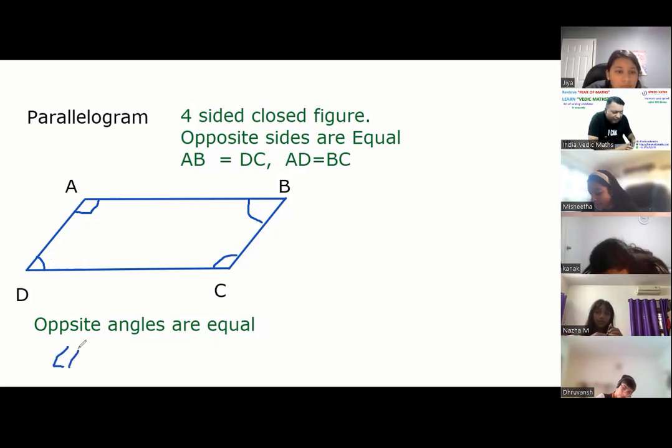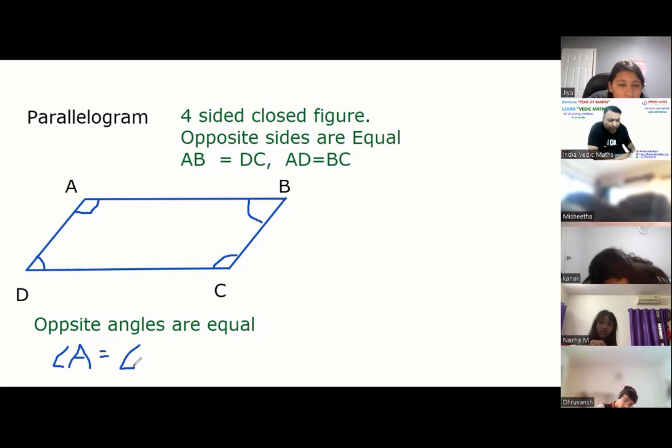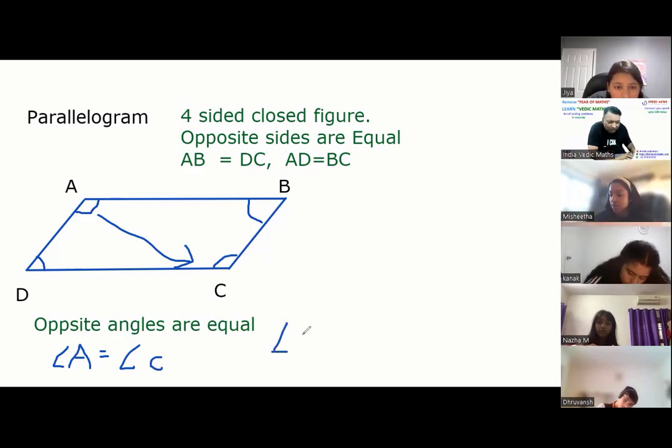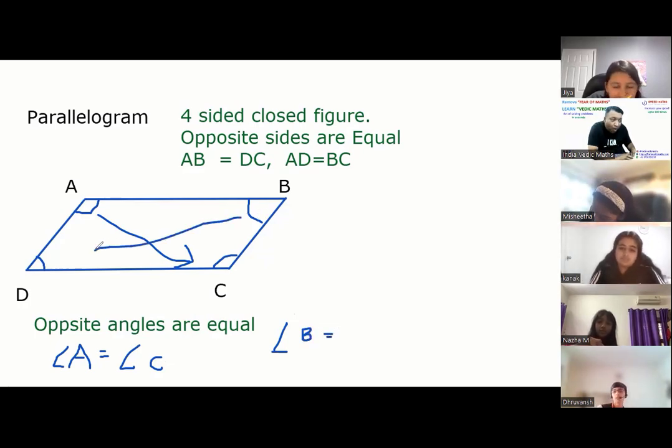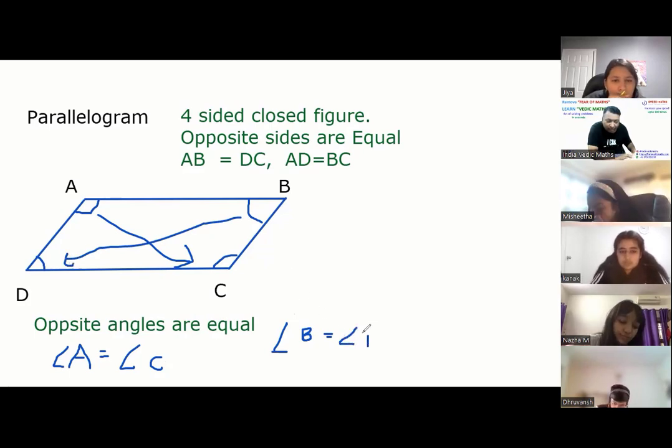Angle A is equal to which angle? Angle C, opposite. And tell me, Dhruvansh, angle B will be equal to which angle? Angle D. Got it? Opposite angles are equal.